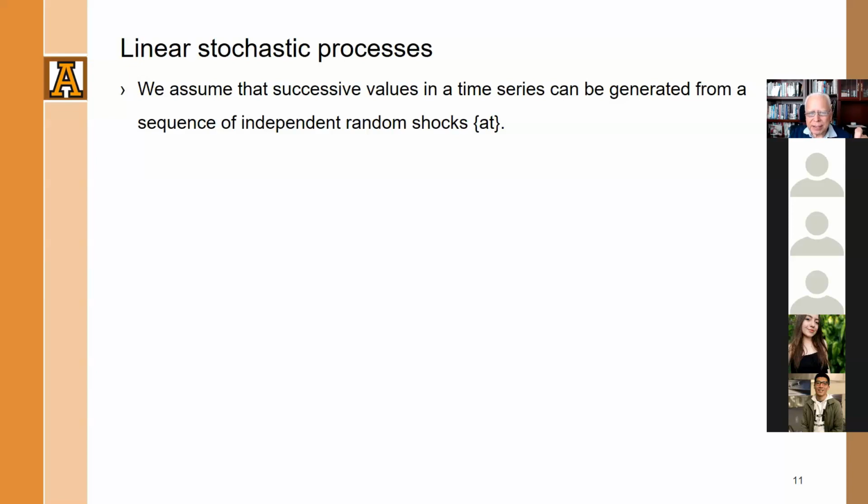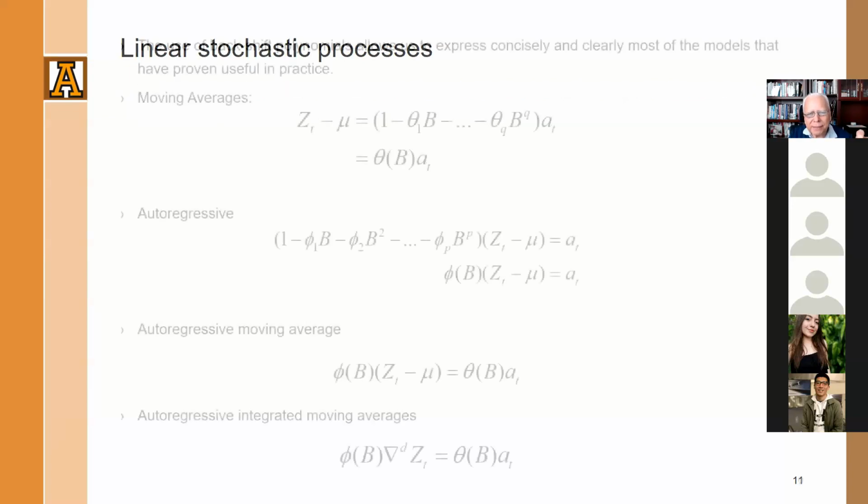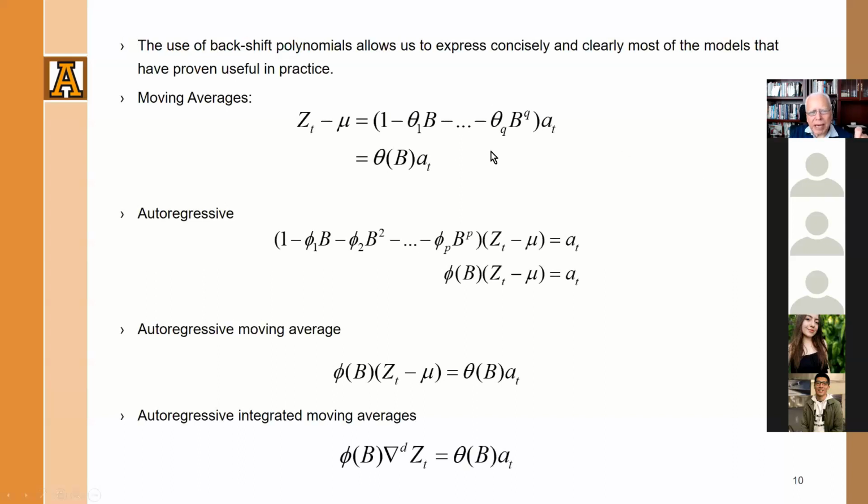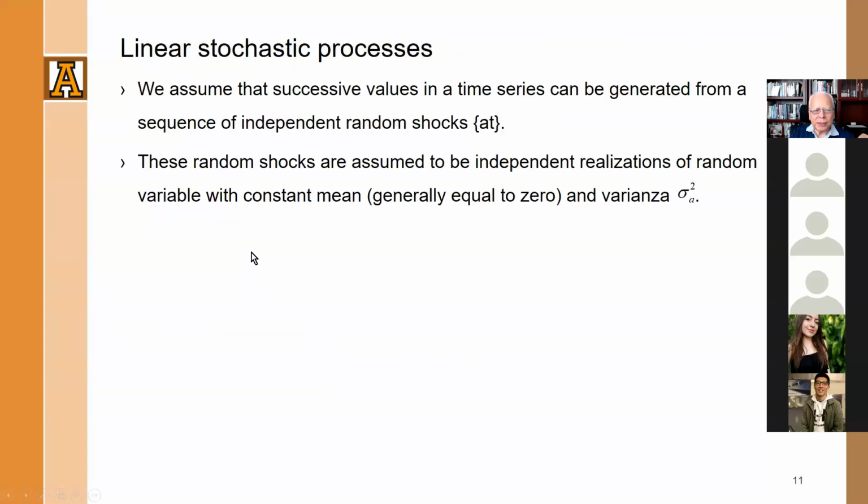Because I have a series, let me go back again to this slide. The moving average says that I can generate Z_t with a linear combination of white noise, of random shocks. In this case, a finite linear combination. Now, the random shocks, the A_t's, are assumed to be independent.